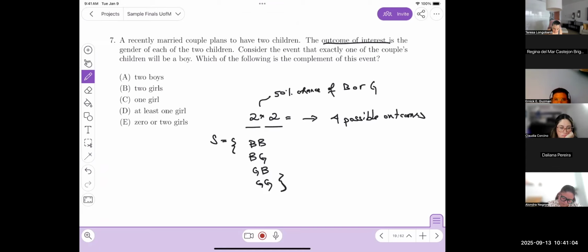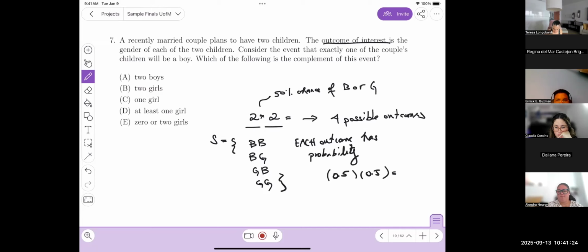So each one has 0.5 times 0.5 or 0.25. In other words, a quarter, right? They're all equally likely.